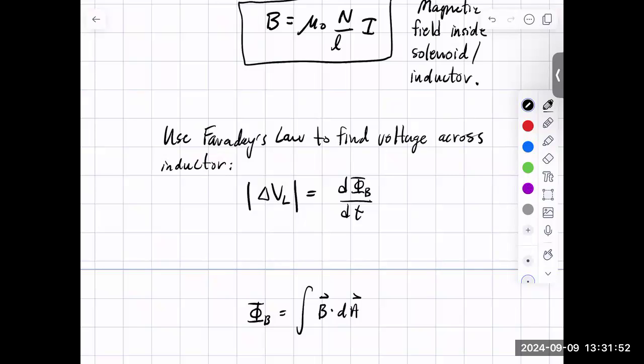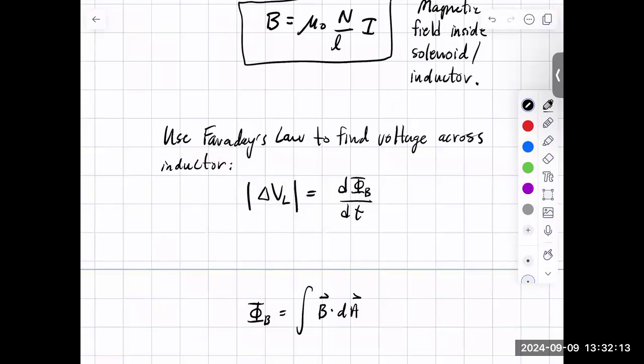Think of the classic description for flux: if you had a fishing net and you put it into a flowing stream, the stream flows through the hoop of your net. If you rotate your net so that it's parallel to the flow lines, you get no water passing through the hoop and no flux.